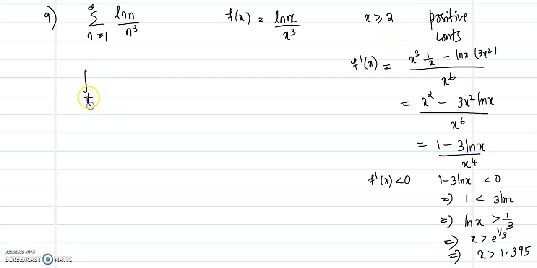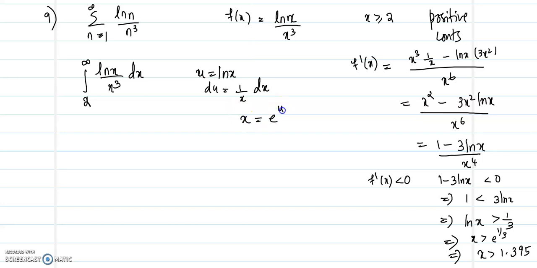So we need to evaluate the integral from 2 to infinity of (log x)/x cubed dx. Let us use a substitution, u = log x. So du will be (1/x) dx, and x will be equal to e to the u.